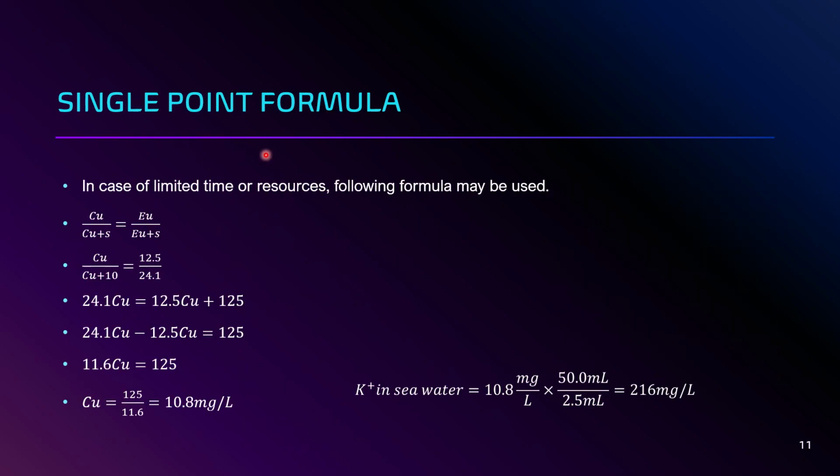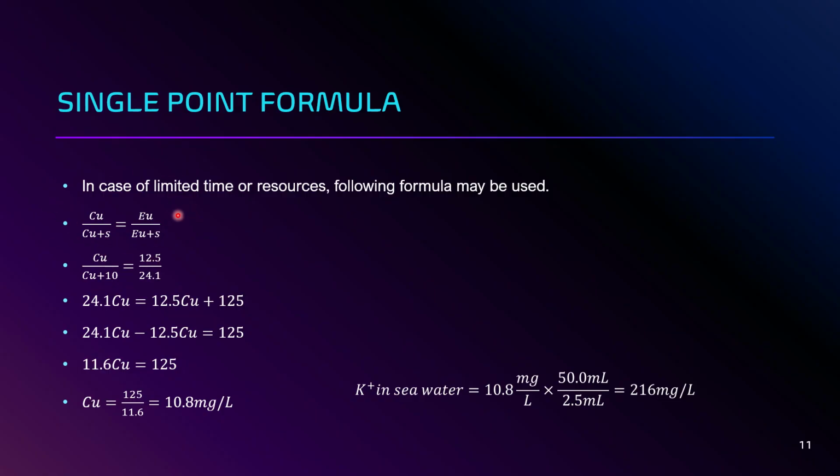In this single point formula, you only need to make two flasks. In one flask you do not add any standard, okay, and in the other flask you add a particular concentration of your standard, and then you apply this formula. This formula can be found in your manuals as well.